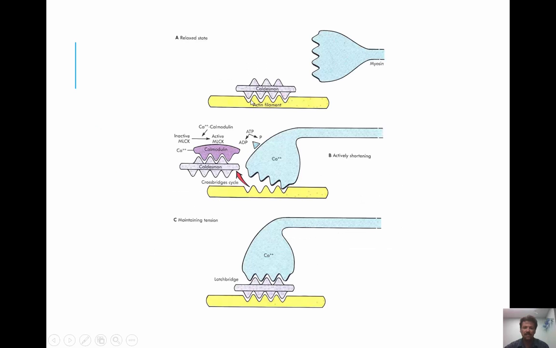So caldesmon is interacting with tropomyosin here, and it's stopping the actin filament interacting with myosin. The activated calmodulin comes and interacts with the caldesmon and removes it, and in so doing removes the tropomyosin block and allows the myosin head to bind to the actin and trigger contraction.